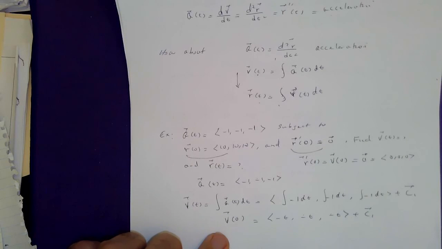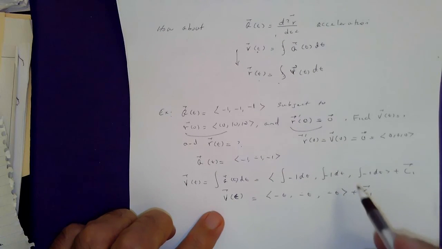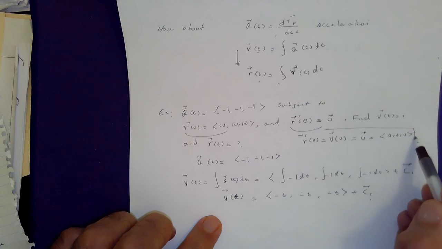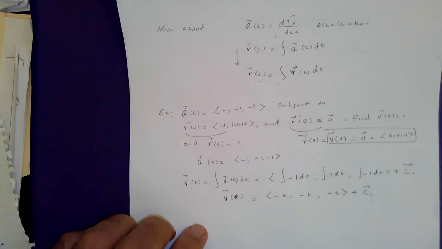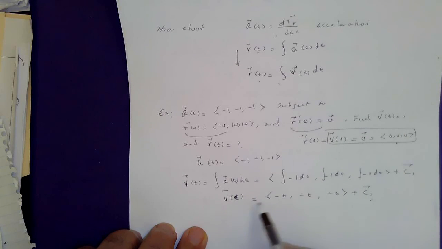So this is velocity in terms of t. To find c1, I'm going to apply this initial condition, or as the saying goes, let's impose this initial condition to find c1. So I'm going to replace the v with (0, 0, 0), and the t's with 0.